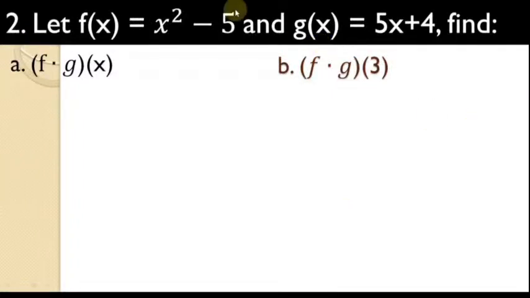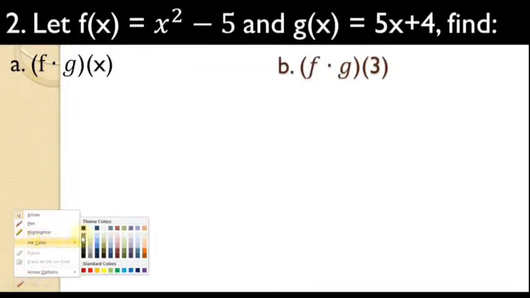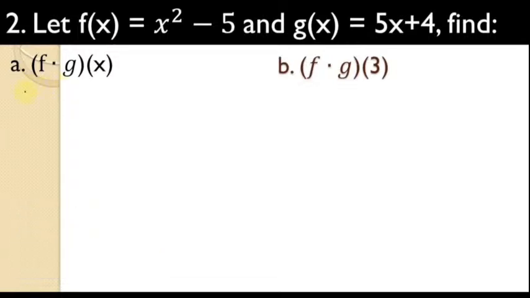So we have, let f of x equals x squared minus 5 and g of x equals 5x plus 4. So letter A, find the product of the given functions.